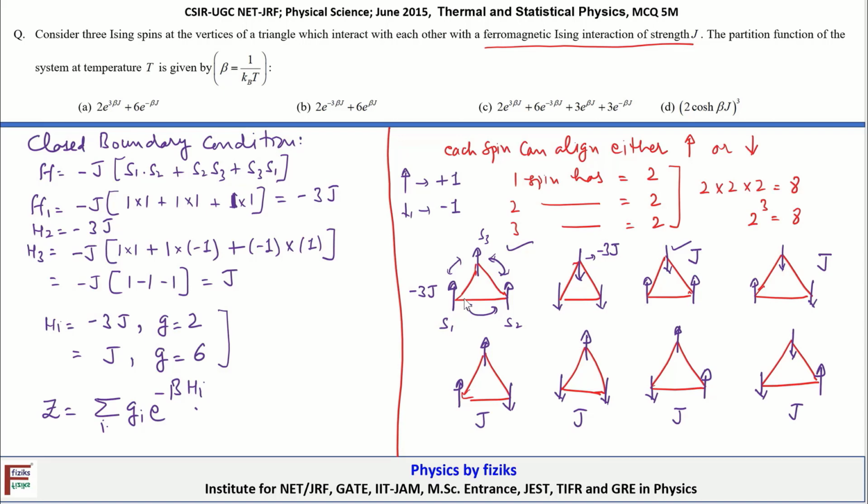So the net result is G1, which is 2, exponential minus beta H1, that is minus minus becoming plus, 3 beta J, plus G2, which is 6, exponential of the corresponding interaction energy, minus beta J. Our result is 2 exponential 3 beta J plus 6 exponential minus beta J. That matches option A here, so option A is the correct answer.